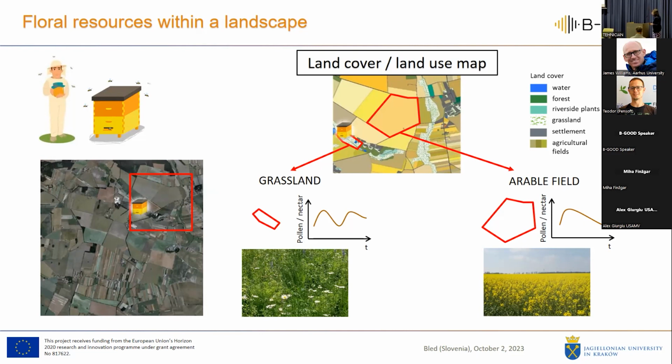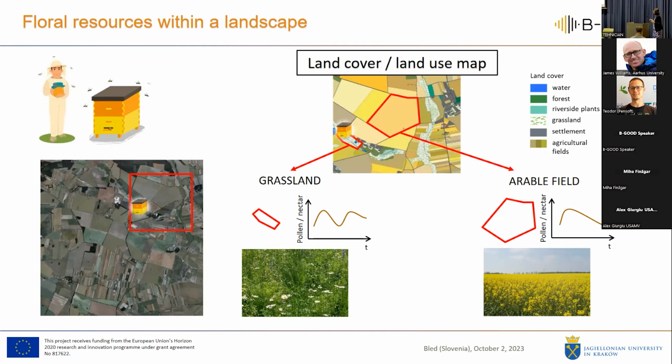And as you can imagine, the floral resources which are available for bees in these 2 polygons are completely different. So of course the area is different, but also the amount of resources, the quality of resources, and the time frame through which these resources are available. So the oilseed rape field is giving a lot of resources, but it's only available to pollinators for a short time.